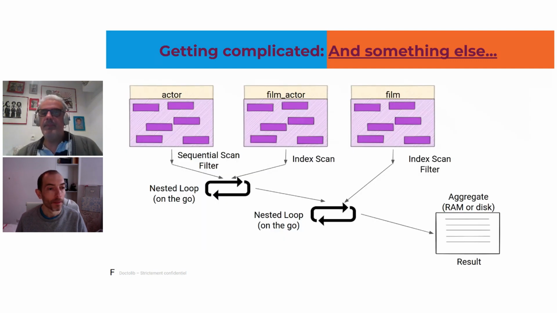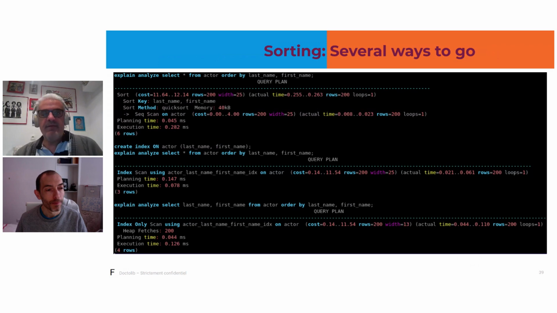All right. I have a last example of sorting, how we can do order by. The first example is just the first select without any where clause, without any filtering. I would just try to order the name of the actors by last name and first name, respectively. Without any index, what we do is a sequential scan of the table, as we saw before.